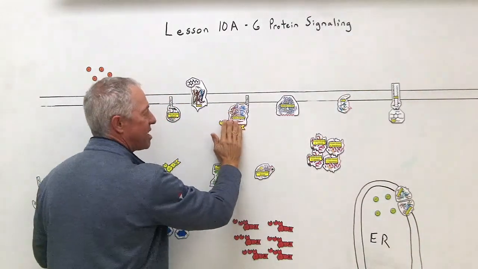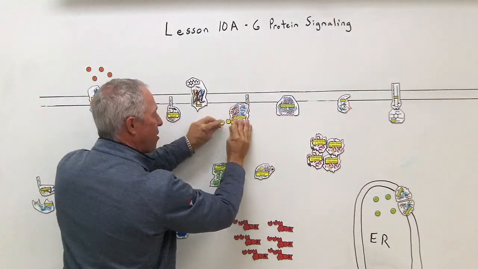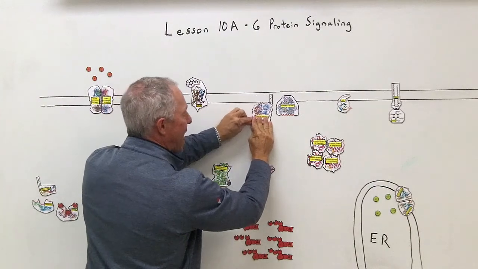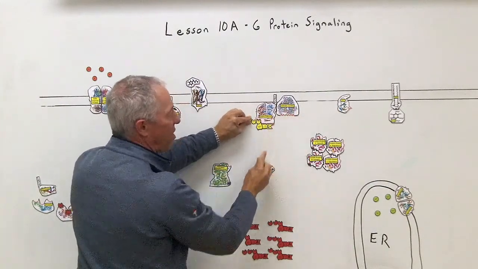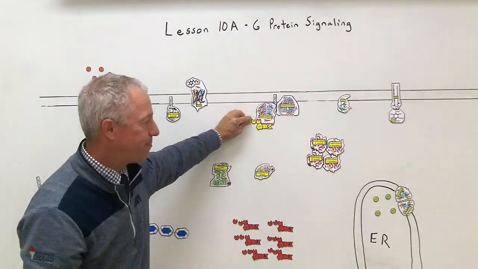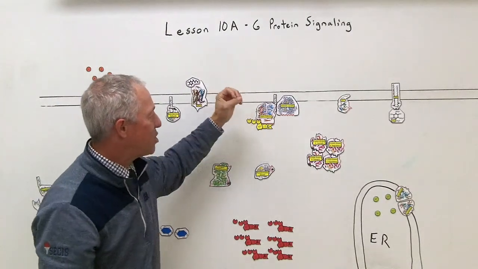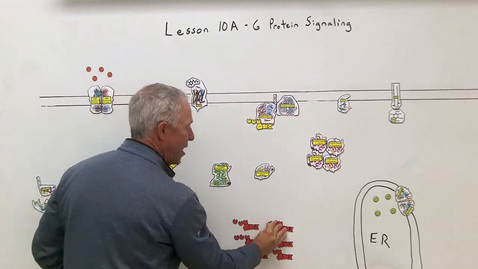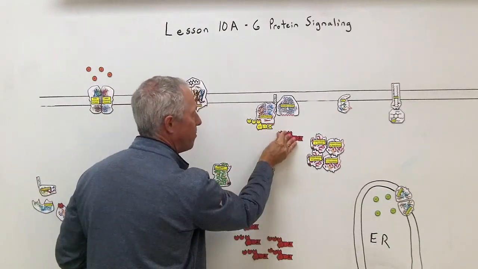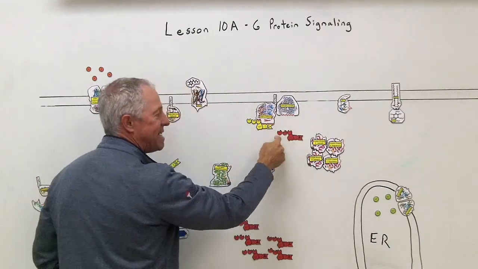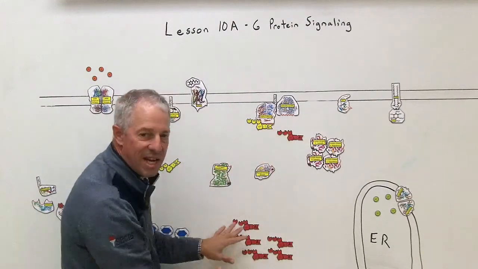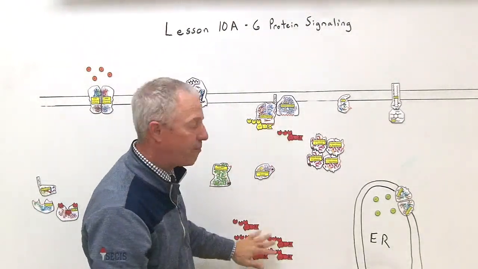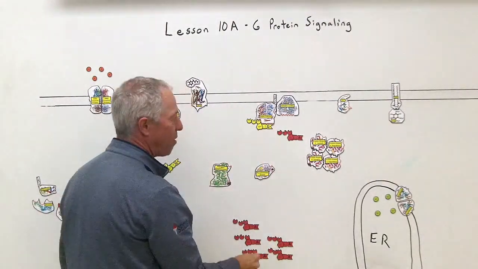What happens next is the alpha subunit comes over here, and it attaches to this protein, which is called adenylyl cyclase. And that switches on the adenylyl cyclase molecule. What that adenylyl cyclase will do is take ATP molecules. I have a bunch of ATP molecules at the bottom here, and you can use them in explaining this.